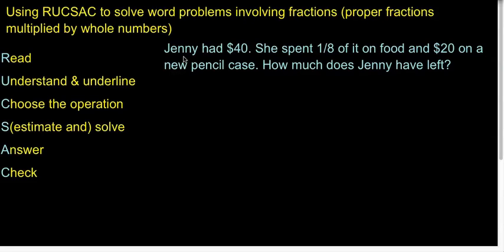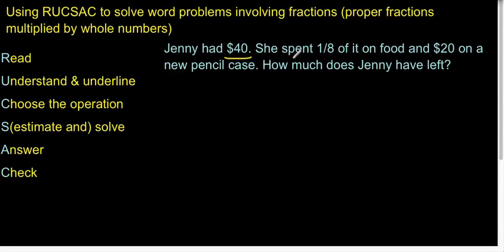We're going to read the question and then we're going to underline. So Jenny had $40. She spent 1/8 of it on food and $20 on a new pencil case. So how much does Jenny have left? Well, we need to underline all the things that we think are going to be important. I think we need to underline that she started with $40.